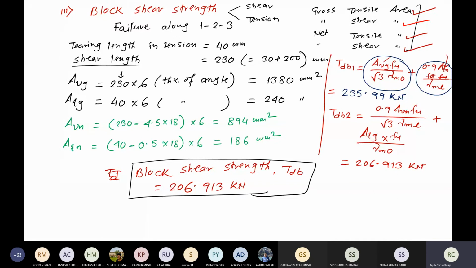Now out of all these three, which one would be the lowest? The block shear becomes 206. Let me write it down over here in the next slide.